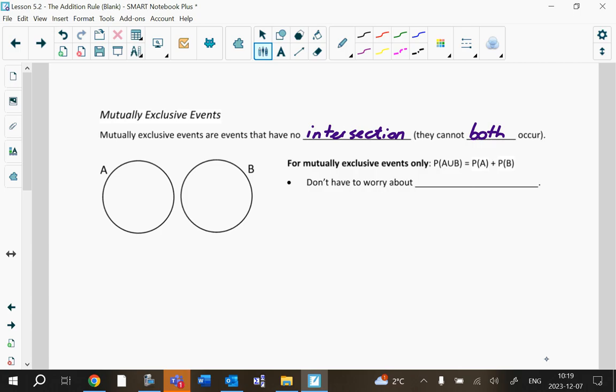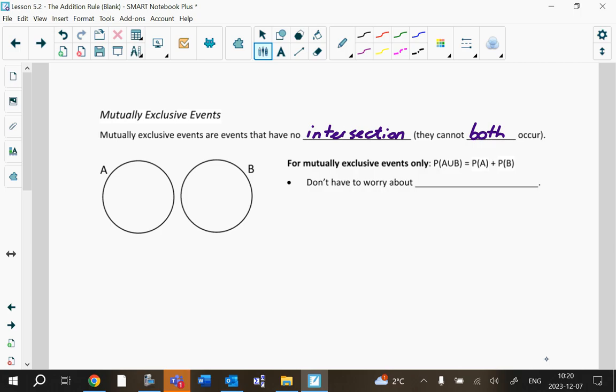There's all sorts of examples of that in probability. I believe I talked about this one yesterday: if you flip a coin, what's the probability of getting heads and tails? 0, because it's impossible. What's the probability of getting heads or tails? 1. So to find the probability of mutually exclusive events, we don't have to subtract any overlap because there is none.